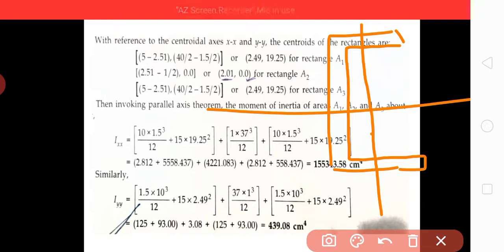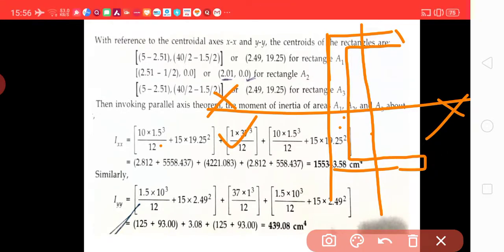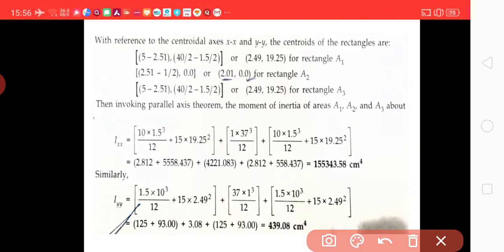This distance is 2.5 from here. Its centroid is lying on the same x-axis, so this is done, and this is equal to this, both are same. So it comes out to be 155343.58 centimeter to the power 4.